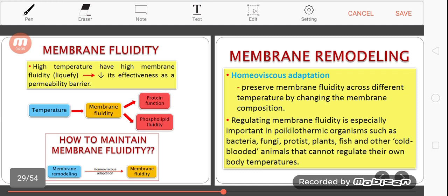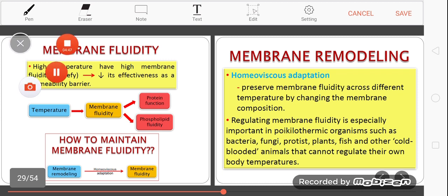When the cell is exposed to very high temperature, the membrane becomes liquefied and allows any particles to cross. In terms of transportation of particles, it becomes very easy, but in terms of the safety of the cell, the inside of the cell can be exposed to many harmful particles.